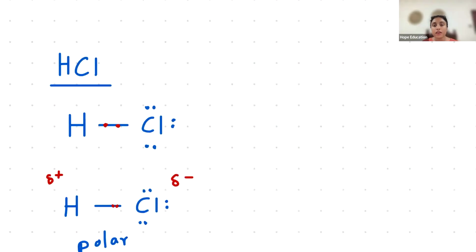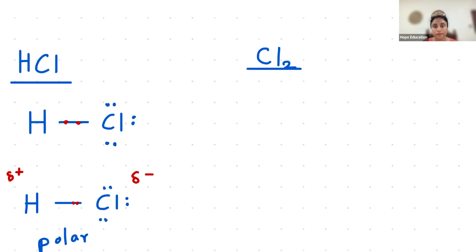If you take the chlorine molecule, it is made of two chlorine atoms.